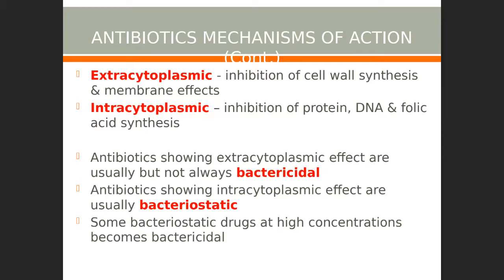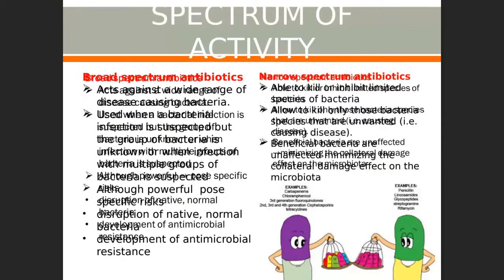Now there is one more classification depending upon the spectrum of activity. Spectrum of activity means how many bacteria the drugs are targeting. How many bacteria are they able to kill, or how many bacteria are they able to inhibit the growth of. So there are two classifications, the broad spectrum and the narrow spectrum.